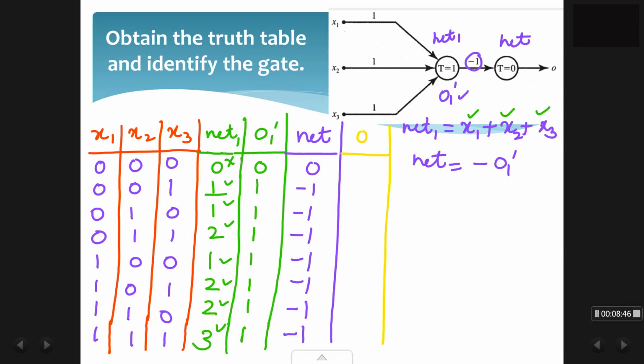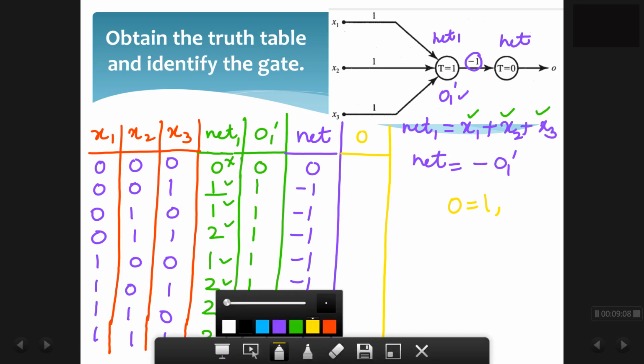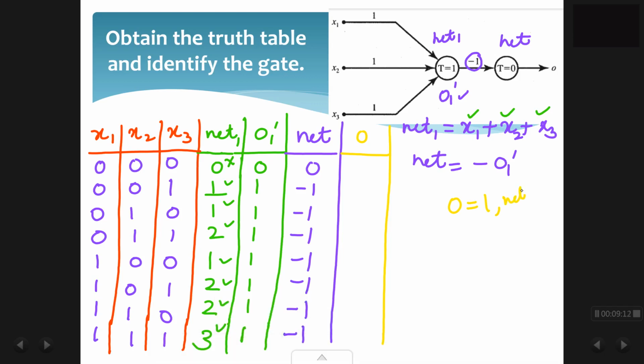After calculating net, we have to calculate the output O. O will be equal to 1 if net is greater than or equal to the threshold, that is 0, and O will be 0 if net is less than 0.